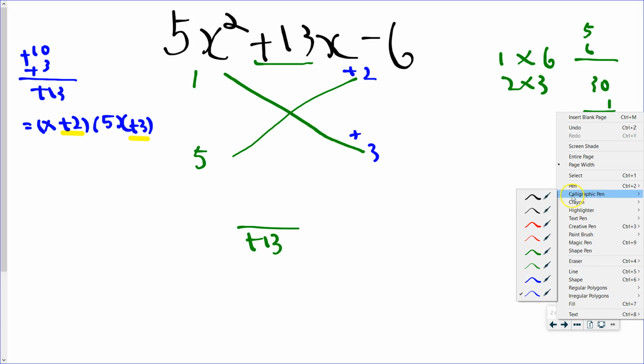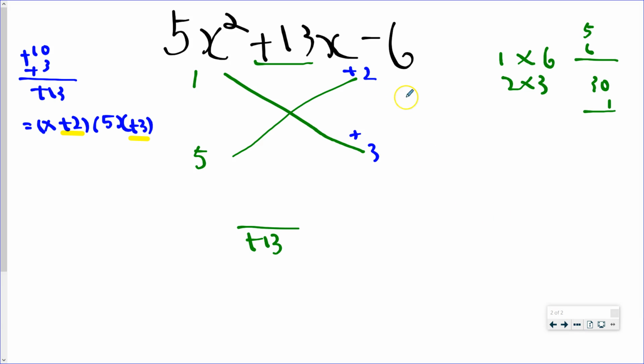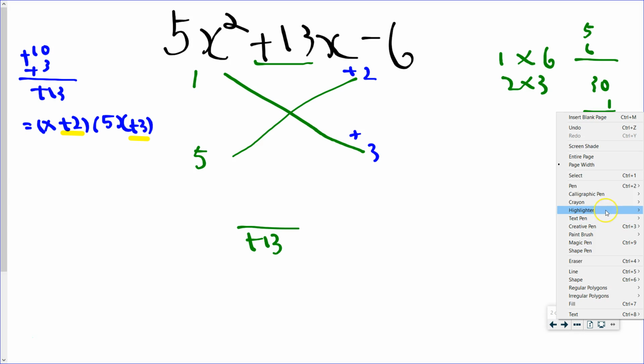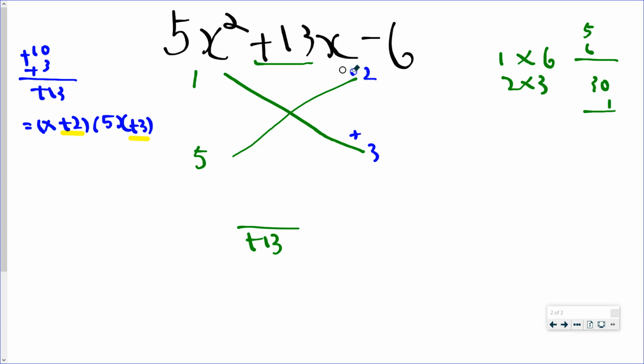Then you may be thinking, well, then what can we do? Let's try it the other way around, as 3 and 2. I want to erase that 2 and 3 because I know it's not working. I don't want to confuse any one of you. So 2 and 3 is not working.